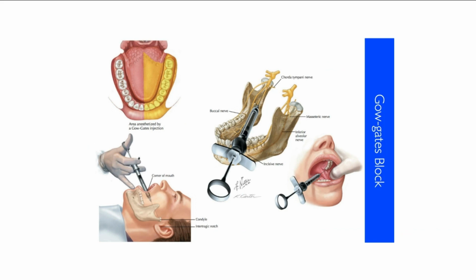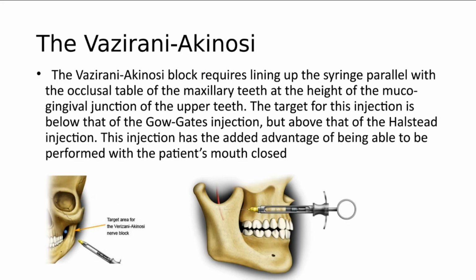And here is a way to do it. You will find the second molar here. This is your, like here, the lower, the mandibular teeth, find the second molar. This is one. And your point of entrance will be right here. And what is this?